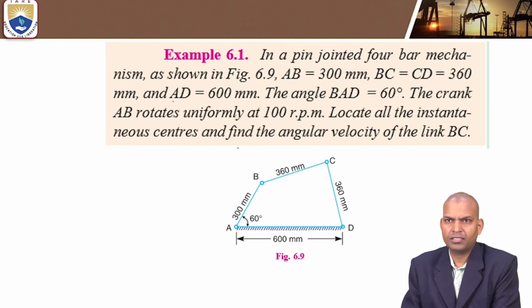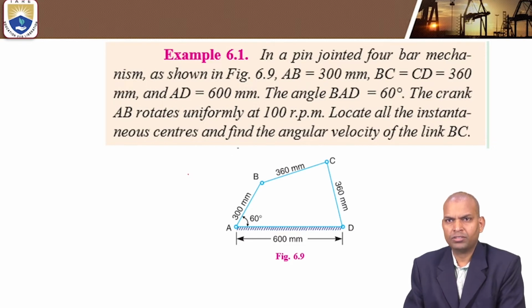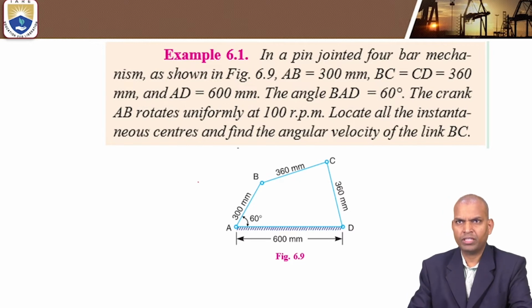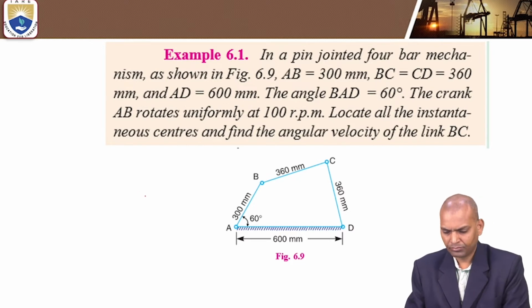AD here is a fixed link. The angle BAD, that is the angle between AB and AD link, is 60 degrees. The crank AB rotates uniformly at 100 rpm. Locate all the instantaneous centers and find the angular velocity of the link BC.